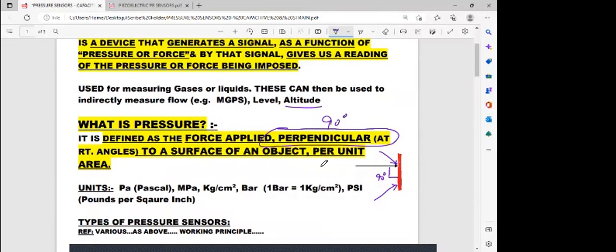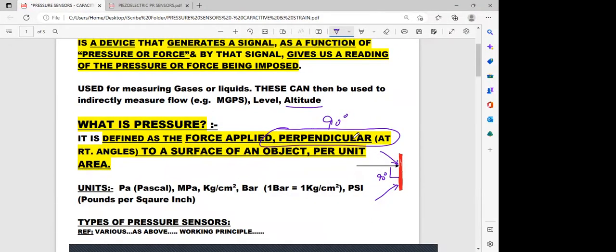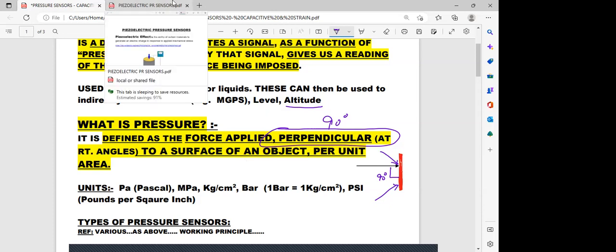But if the force or the pressure is acting on the surface of an object at 90 degrees, if you cannot remember the word perpendicular, at 90 degrees, then that is called pressure. So once again, defined as the force applied perpendicular or at right angles to a surface of an object per unit area. Okay, so that is what is pressure.